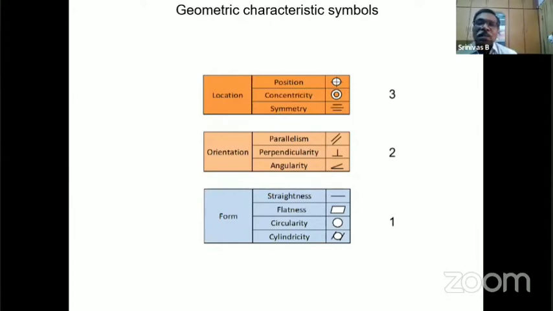Location tolerances. These control not only location but also orientation. Gentlemen, when I say the vertical wall is perpendicular to the floor, I am not saying where it is. It is perpendicular here, or maybe half a kilometer away, or maybe a kilometer away. Orientations basically merely orient.